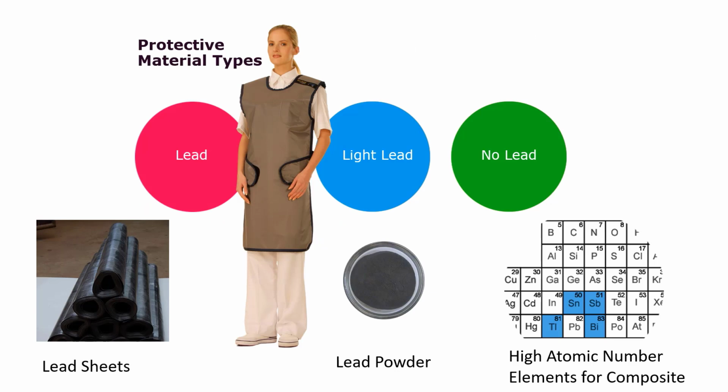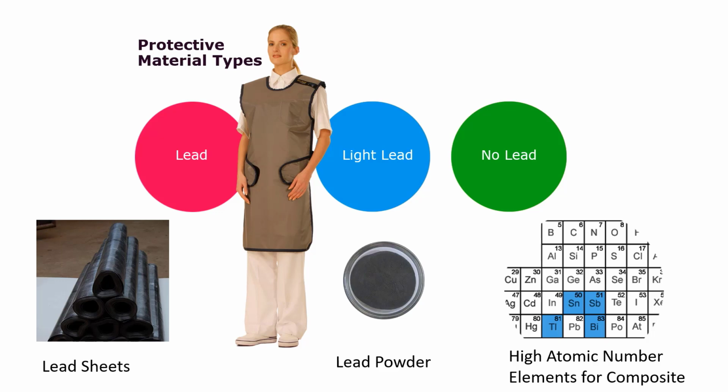We have 3 types of material that we utilize to make protective apparel. The first would be lead. The second would be a lead composite or a lead powder mixed with other materials. And the third would be no lead. Remember, lead was the very first material we used for shielding. When we use no lead, we use materials that have the efficiency or high atomic number similar to lead to block the ionizing radiation.